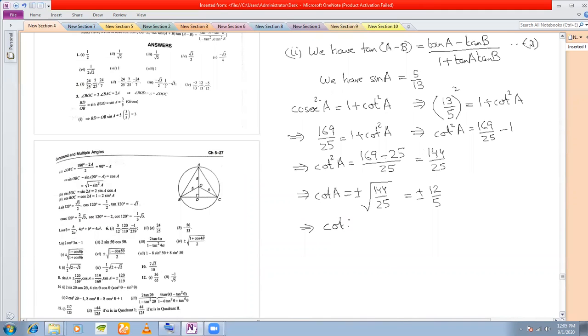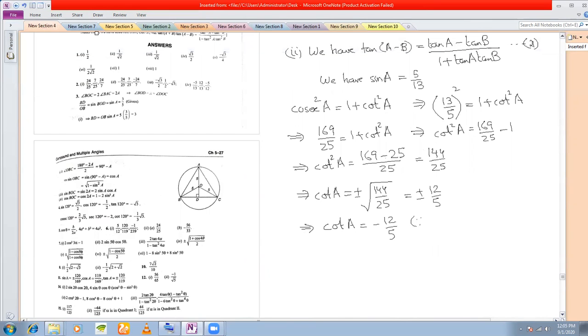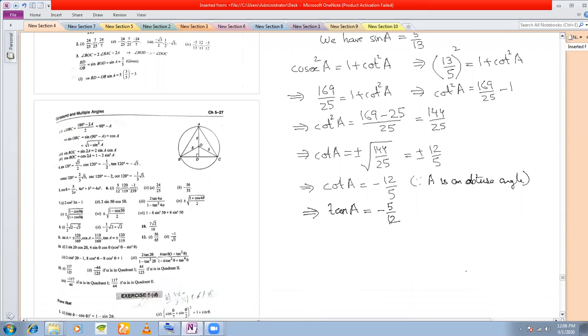That means cot A we will take as minus 12 by 5, since A is an obtuse angle. If cot A is minus 12 by 5, tan A must be minus 5 by 12. From sin A, we have managed to calculate the value of tan A.